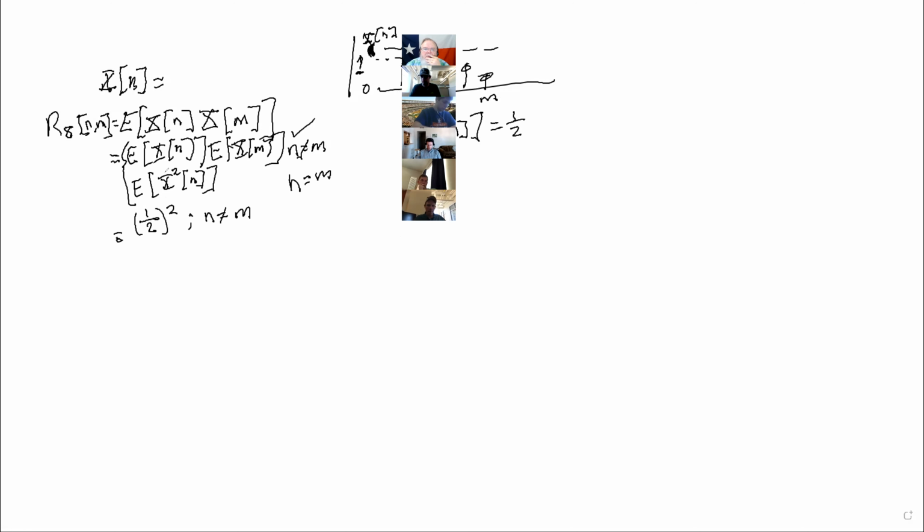And what is the expected value of x squared? In other words, what is the expected value of x squared for a uniform random variable between 0 and 1?